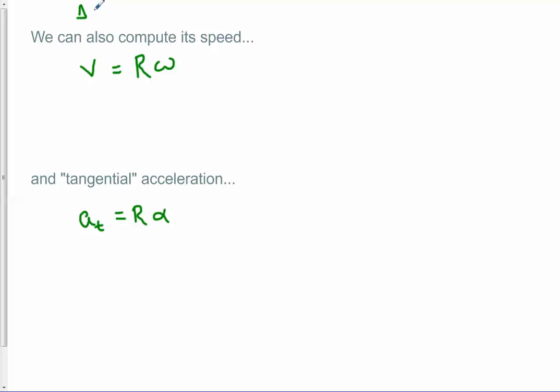So again, we have position. Take delta theta, multiply by r, you get delta s. Speed, take omega and multiply by r, you get v. And acceleration, take alpha, multiply by r, you get a_t, tangential acceleration. Now these points are moving in circles, so we know what the centripetal acceleration is.